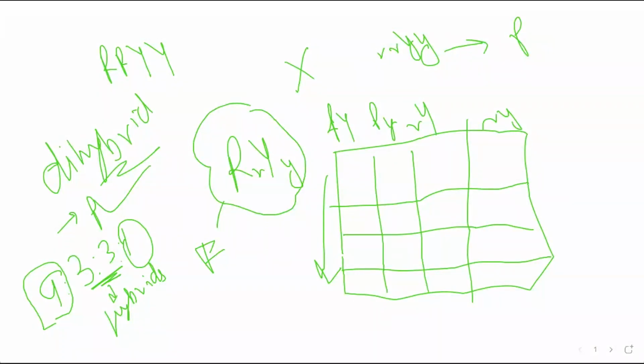So this is what there is in front of you. They have given you the complete cross, and they have also come up with the same combination or ratio.